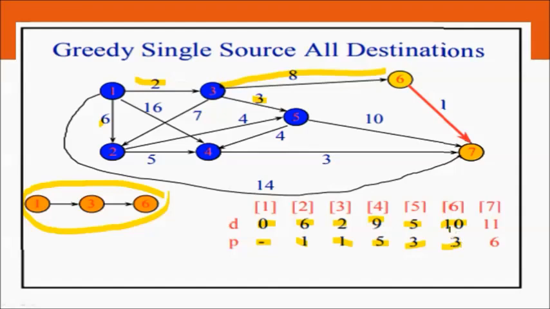Now, for vertex 7, following this direction, 1 to 3 is 2, vertex 3 to vertex 6 is 8, and vertex 6 to vertex 7 is 1. So 2 plus 8 plus 1, we will have 11. And now the previous vertex is vertex 6. Okay? So thus, vertex 6 is our predecessor.